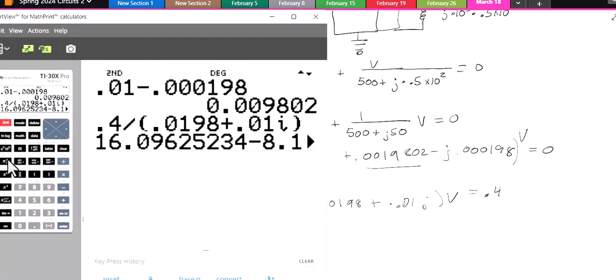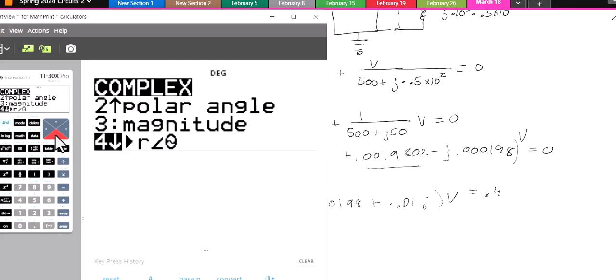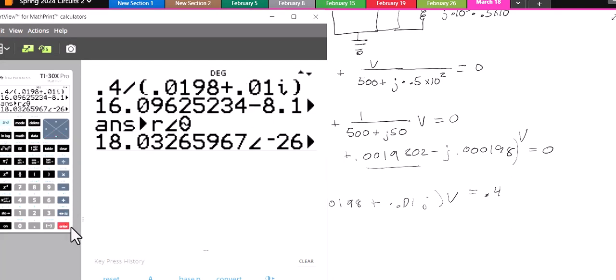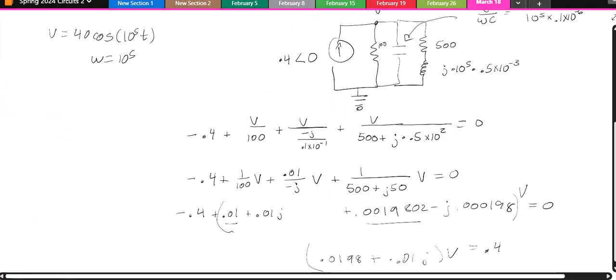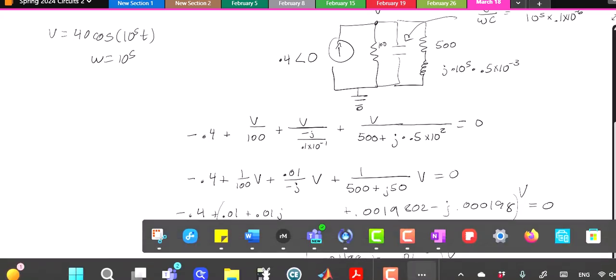And I'll convert that to polar. And see if I got the answer I'm supposed to get. Looks like I just made a little error here. This should have been 0.01198. So let's try that again.